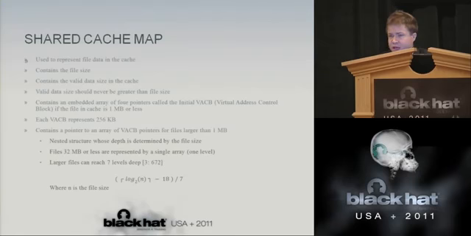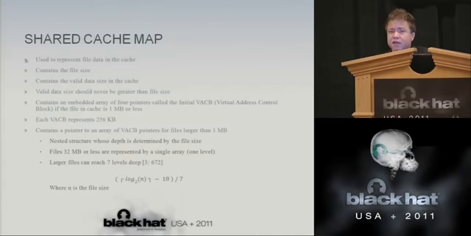These arrays can be nested. I encourage you to read Mark Russinovich's Windows Internals book. I think it's chapter 13 or so. It's all about the cache. There he describes the fact that this layering of VACB arrays can be no deeper than 7 levels, and that's based upon the math around the file size.